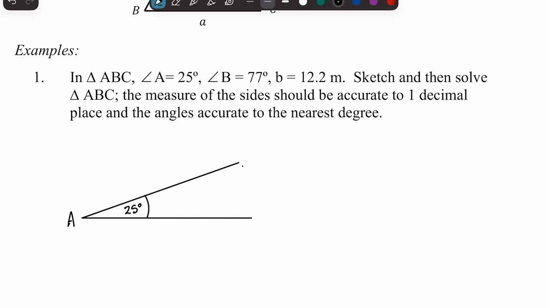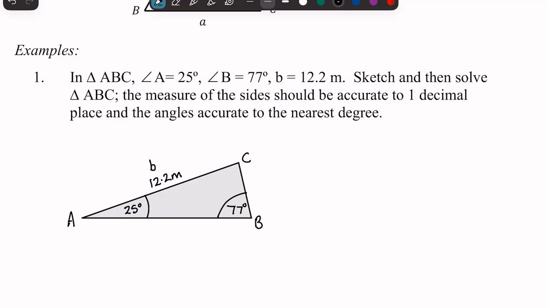So angle B being 77, maybe that would be suitable for this one. 77 degrees, would you say? And side b is 12.2 meters. We, of course, remember that the side takes the small letter of the large letter of the angle opposite. So that will do for a sketch, I think.